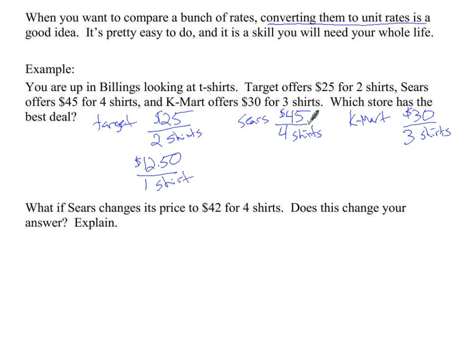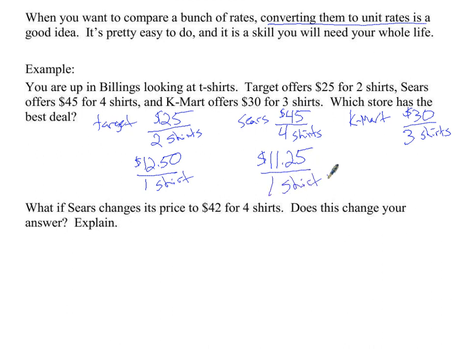What'd you get? You're dividing by 4. 45 divided by 4. $11.25. So for Sears, we're going to get $11.25 per 1 shirt.